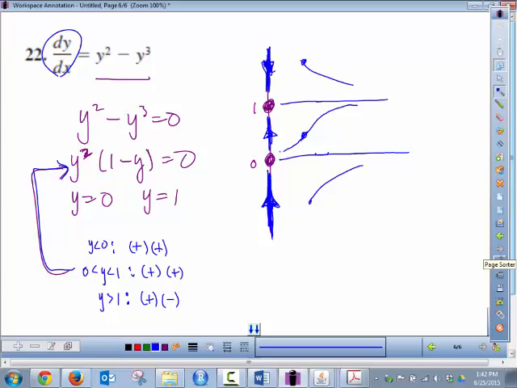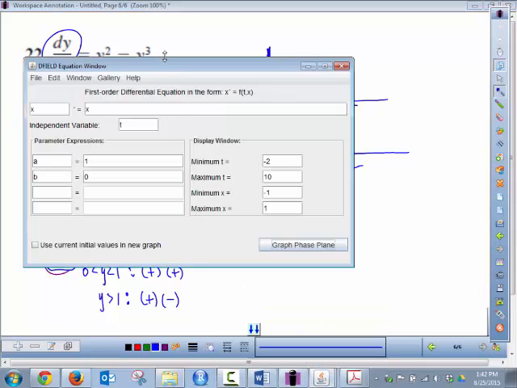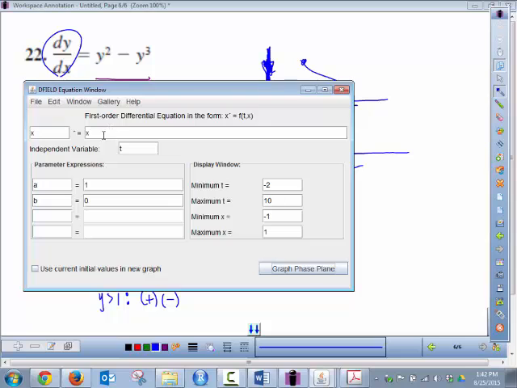And should we draw the thing and take a look at some of the solution curves? Yeah, let's do it. It's easy enough, right? If I can get it right. So this would be x squared minus x cubed. And I want to go past 1 for my maximum, so let's go to 3.